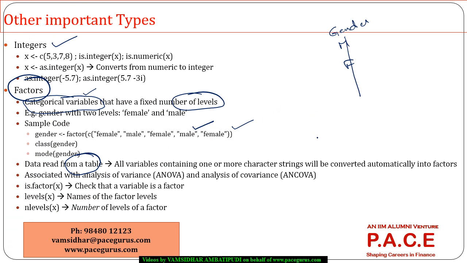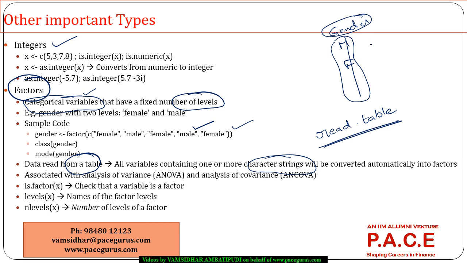But when I am reading some data from a table through something called a read.table kind of function, which I'll talk about slightly at a later point, whenever we are reading the data from a table, any column or a variable that contains 1 or more characters, so if any column called gender contains 1 or more characters, automatically will be converted into factors. So if I don't want to convert it, I have to have some kind of a mechanism. I'll come back to it.